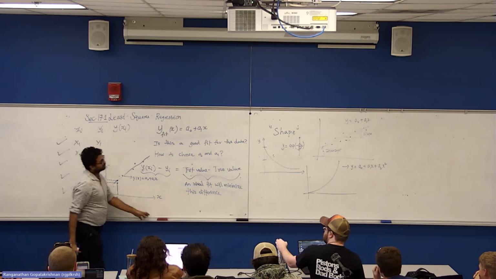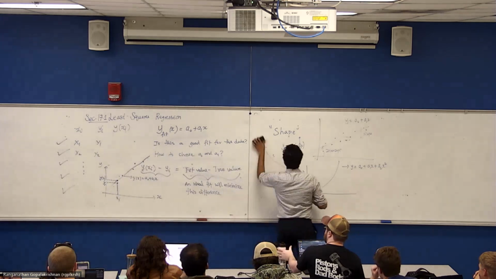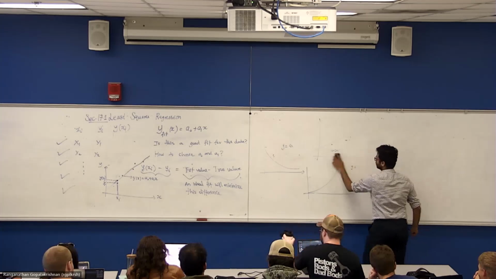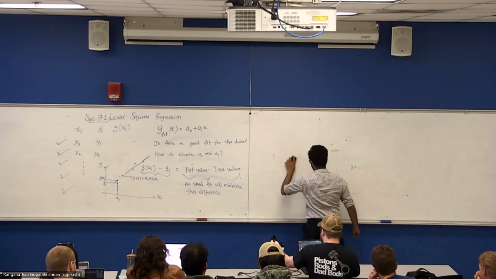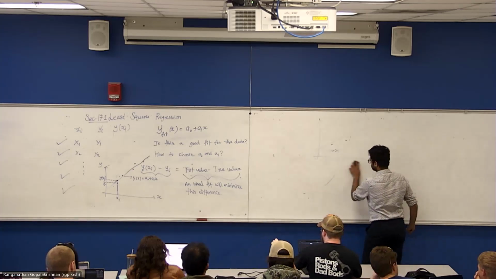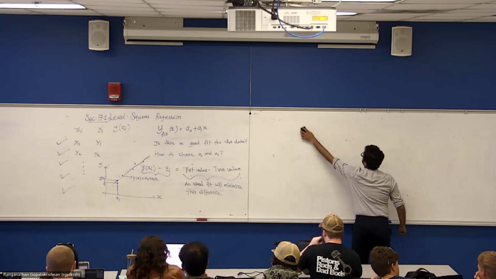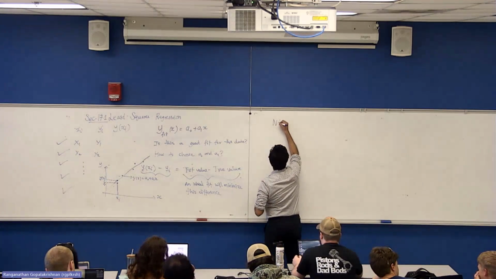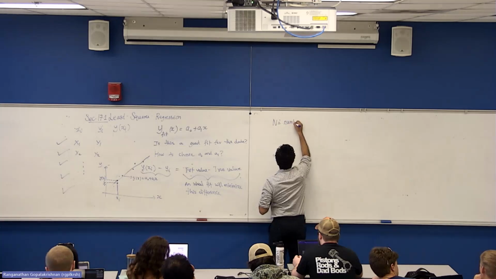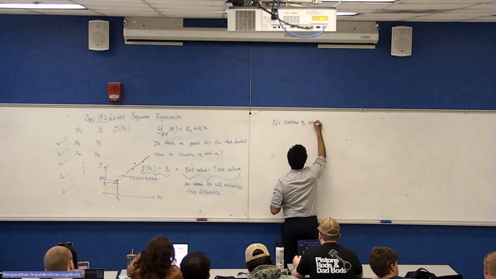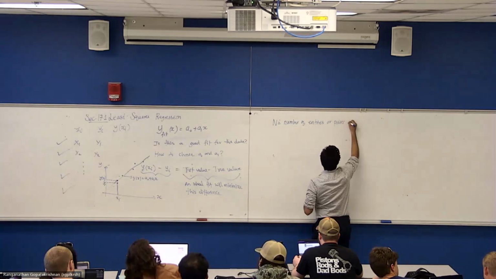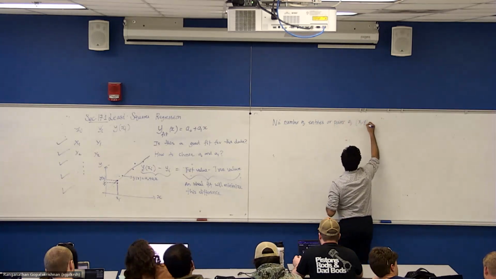To do that, let's say n is the number of entries or pairs of x and y in the data.